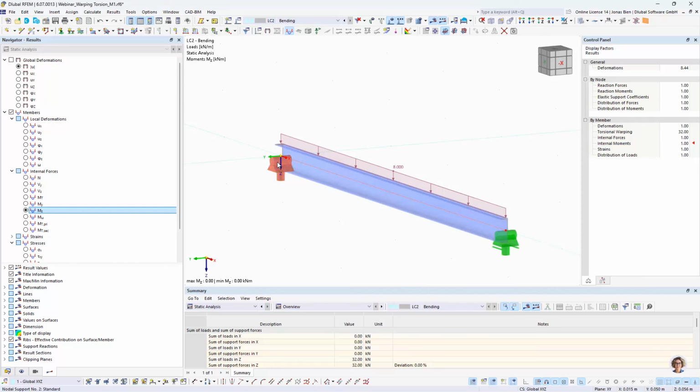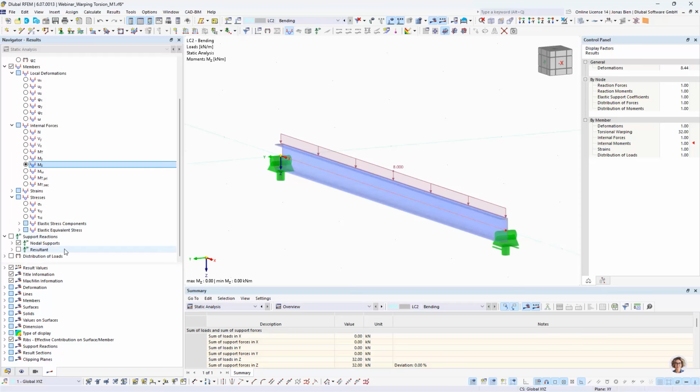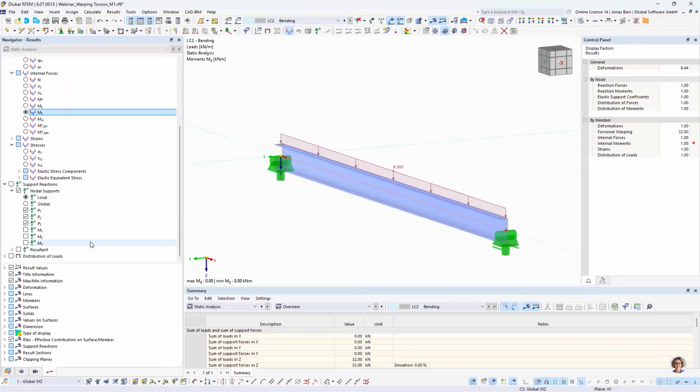Another thing is that not only the loads are applied to the center of gravity when we turn on the 7th degree of freedom, but also the boundary conditions now all act in the center of gravity.